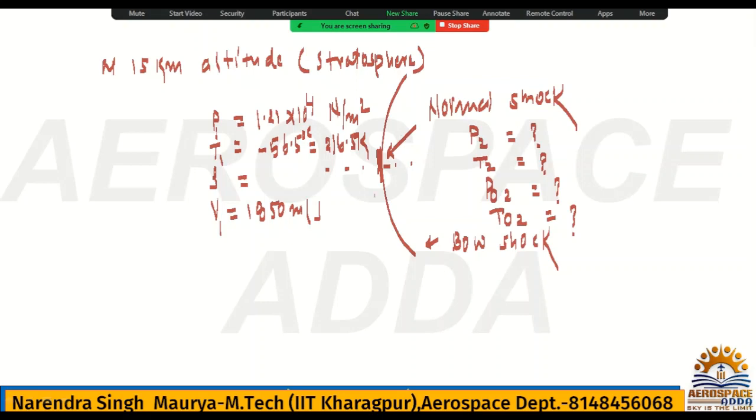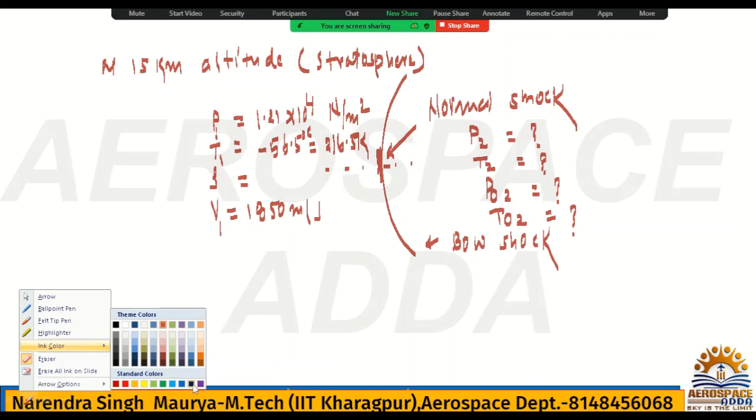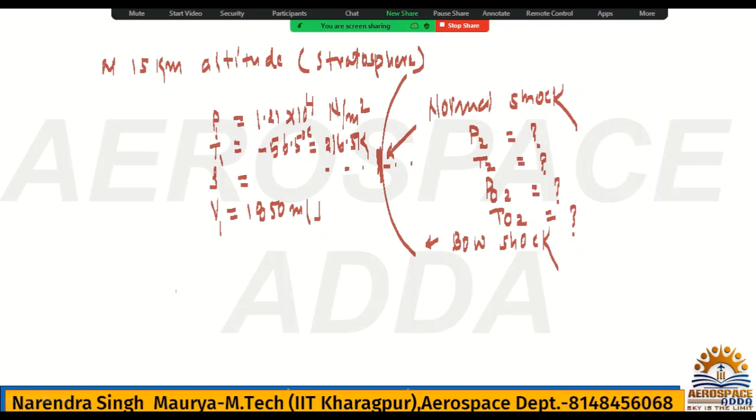Okay. So before going to this, you calculate first Mach number M1. If you know, then you can start your problem easily. Check. Okay. What is the M1? M1 is nothing but V1 divided by A1. So V1 divided by root of gamma R T1.